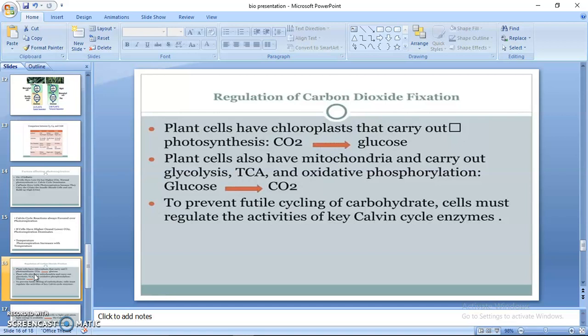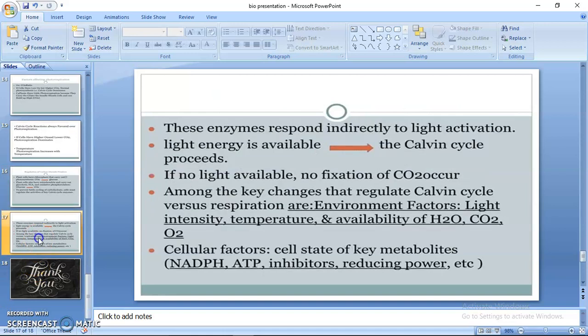To prevent futile cycling of carbohydrate, cells must regulate the activities of key Calvin cycle enzymes. These enzymes respond indirectly to light activation. If light energy is available, then the Calvin cycle proceeds. If no light energy is available, no fixation of CO2 occurs.